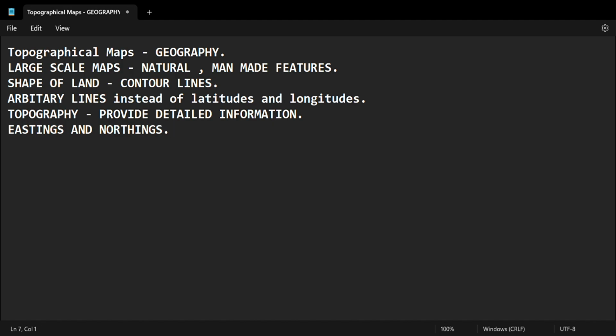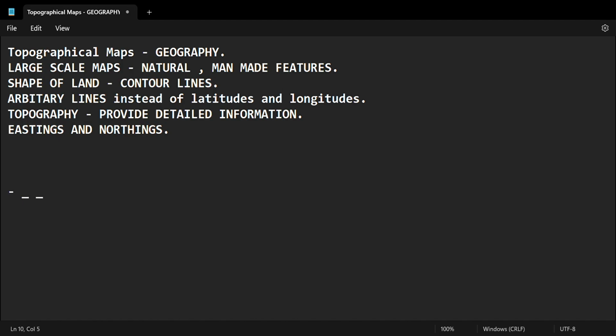So eastings go up. Northings are this and eastings go up. Oh sorry, northings are this. Sorry, the straight lines this. No wait, I was right. Sorry.